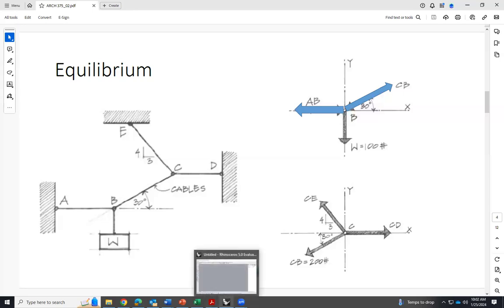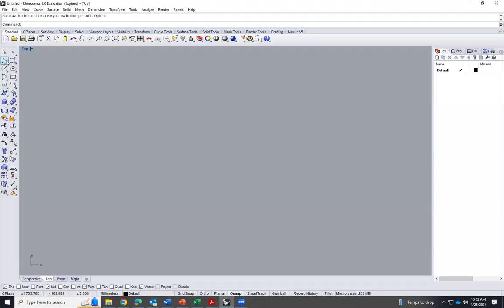I'm going to do it graphically and with equations both. Okay, so we have this. I'm going to draw a line, and this is going to be 100 units. Doesn't matter what unit it is. Okay, so this is 100. And now we have another line in this direction and another line at 30 degrees.